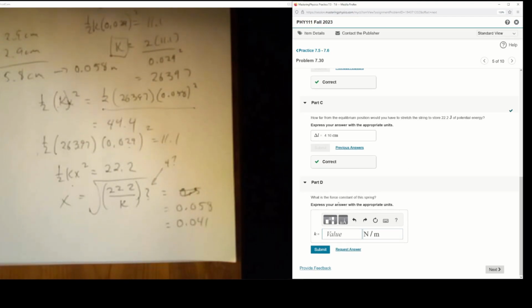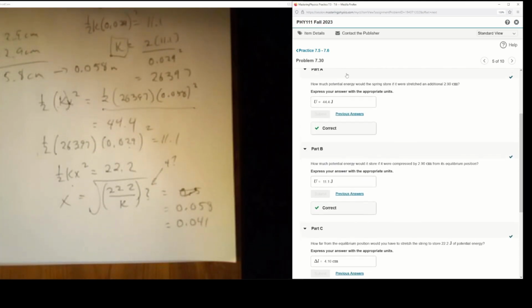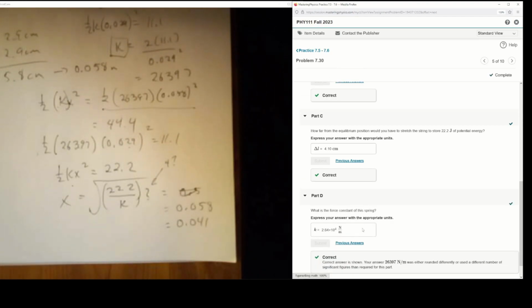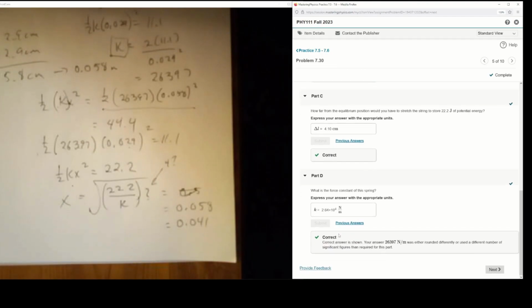And for part D, what is the force constant of this spring? Well, that's funny to me because we couldn't do the first 3 parts without k. So notice k was the very first thing I solved for here. And again, let me just state this again.